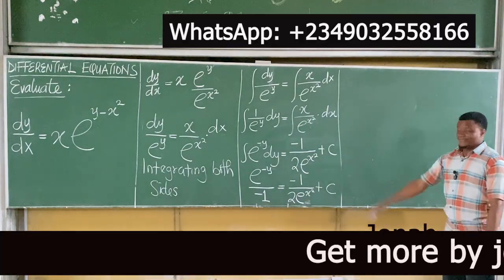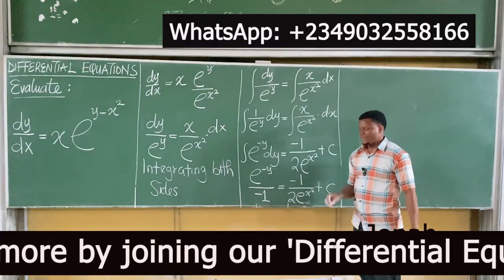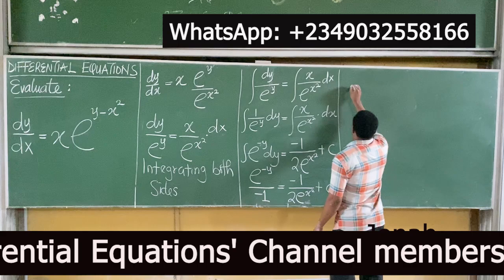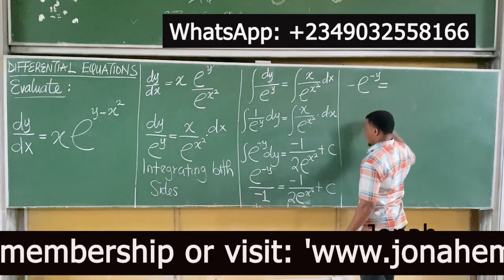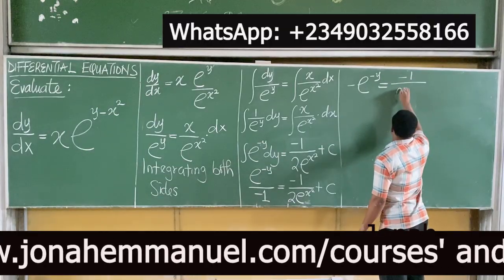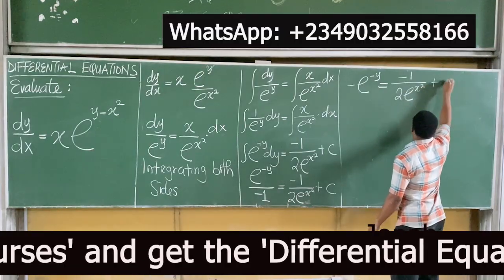All right. So how do you solve this? What happens here? Look up, please. From here, this minus goes upward. So I have minus exponential minus y equal to minus 1 all over 2 exponential x squared plus c.